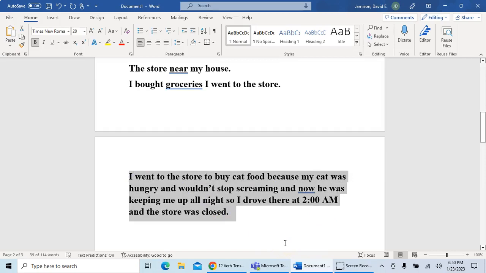So if you have sentences that look like this, what you need to do is find ways to cut them down and make them simpler.